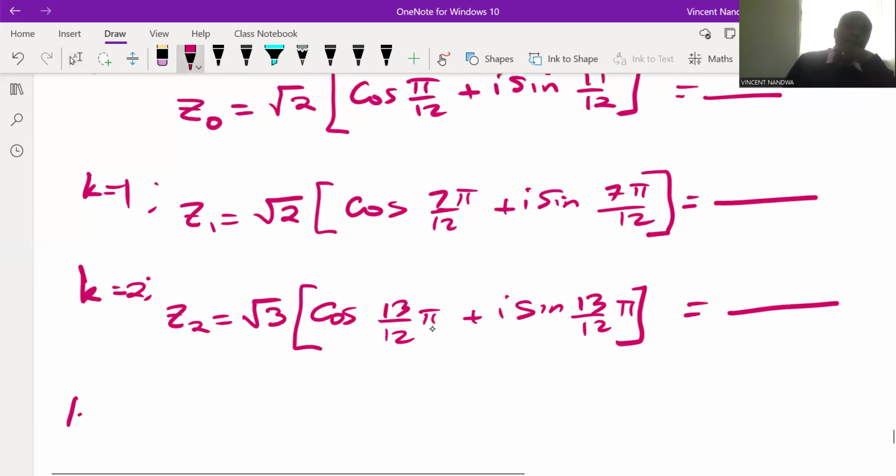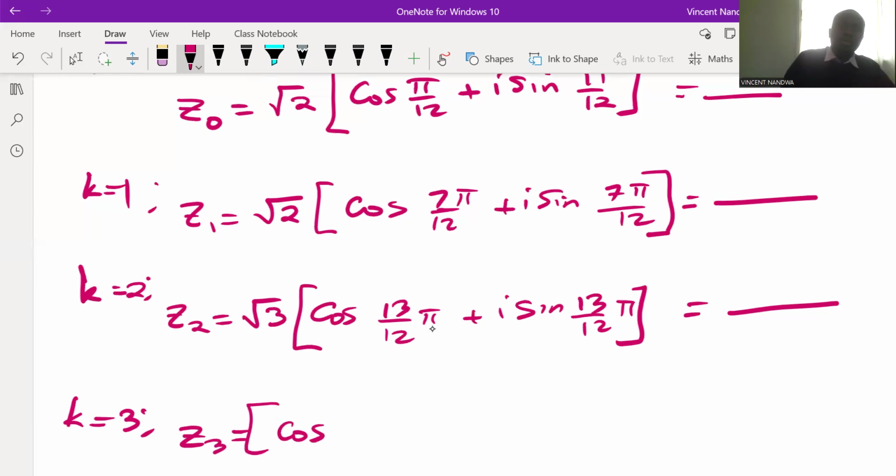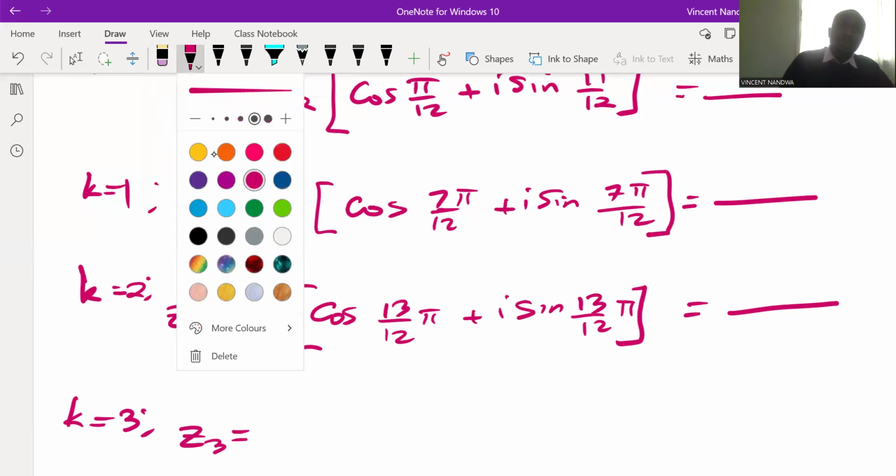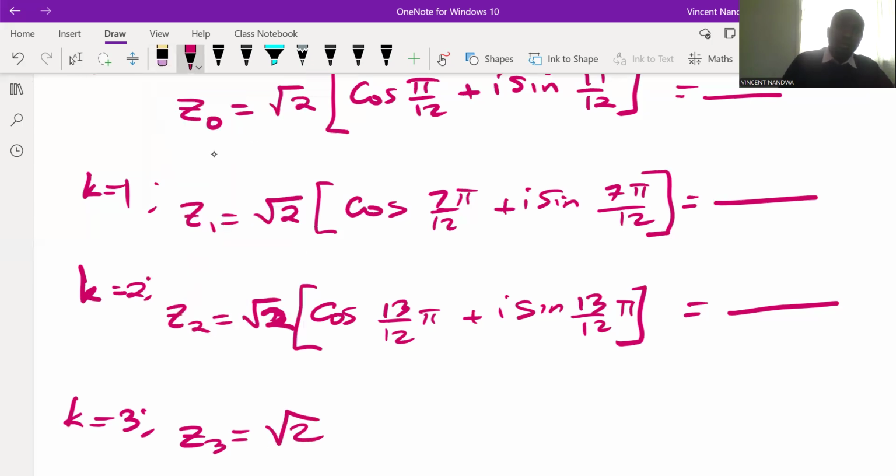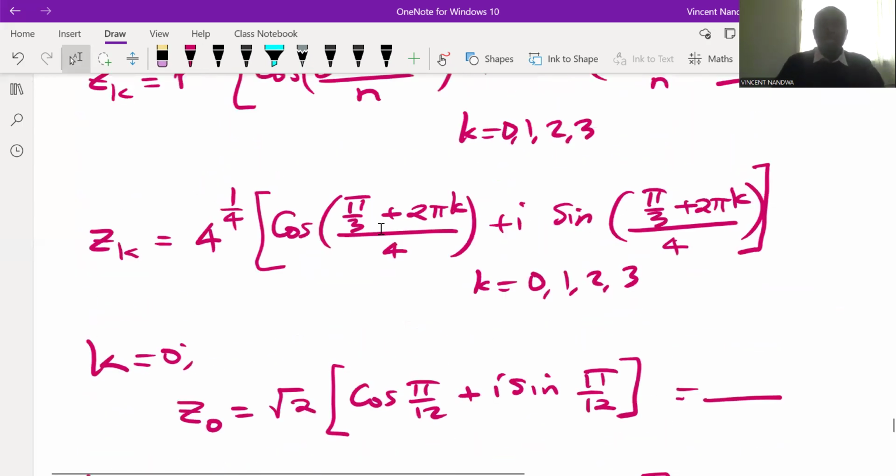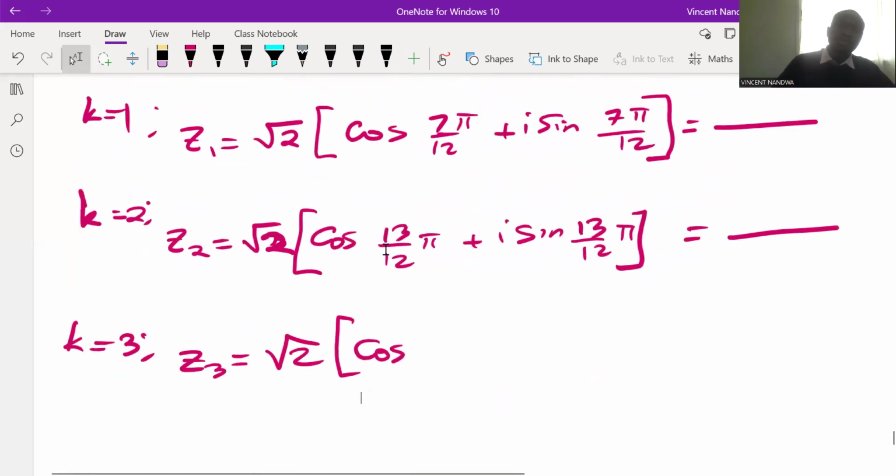And lastly, k equals 3. z3 will be root 2. So root 2 times cosine of, so 3 times 2 is 6, so we'll have 1 over 3 plus 6 divided by 4, so 19 over 12.